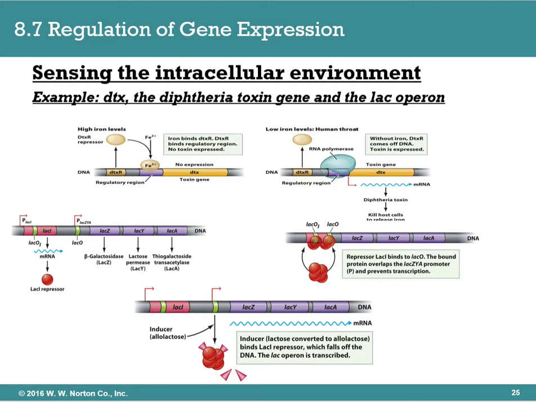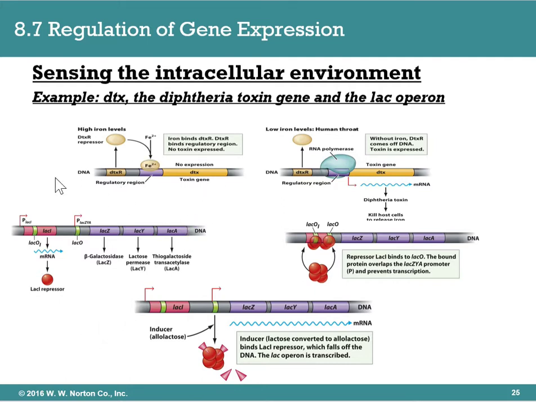So this is known as the diphtheria toxin. So if you have diphtheria, then a lot of times diphtheria itself will produce a toxin, and the toxin gene is DTX.